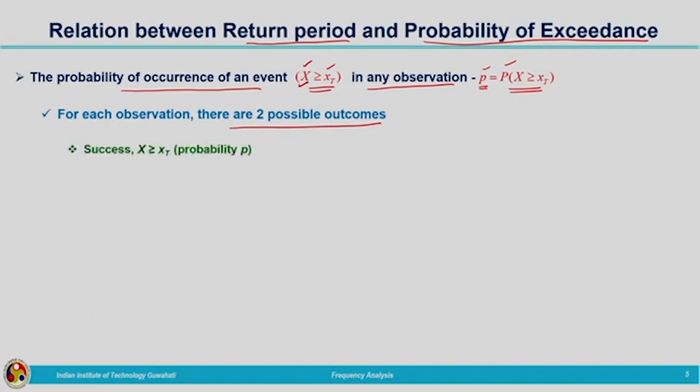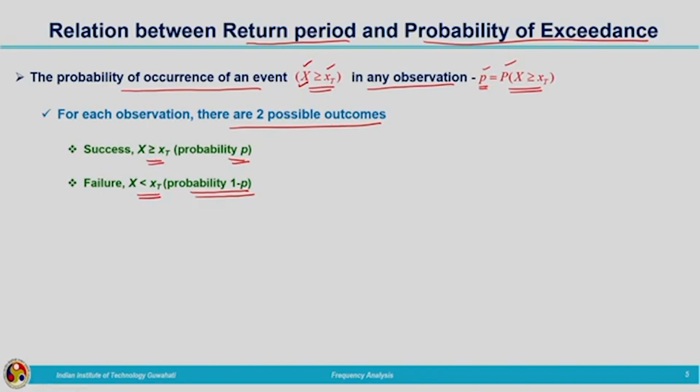So, success represents the probability small p, that is random variable X is greater than or equal to xT, and corresponding to failure the probability can be represented as 1 minus p, that is corresponding to random variable less than xT.